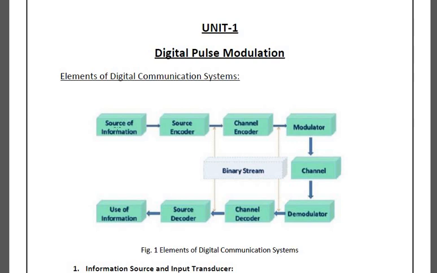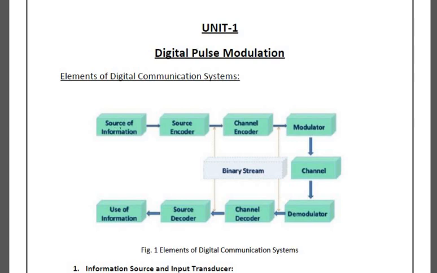The source data that you have got cannot be transmitted directly. So first we have to convert it into digitalized form. First, your message signal is converted into electrical form.